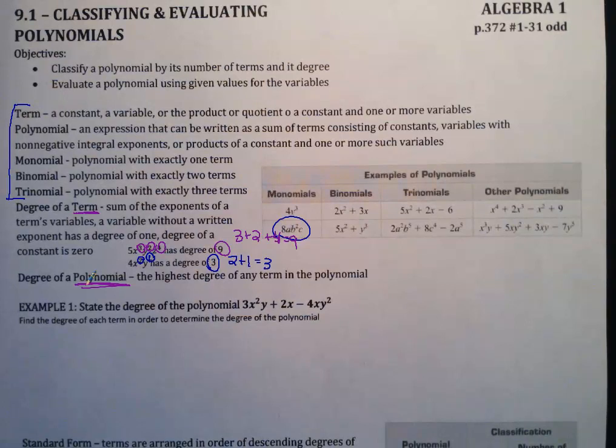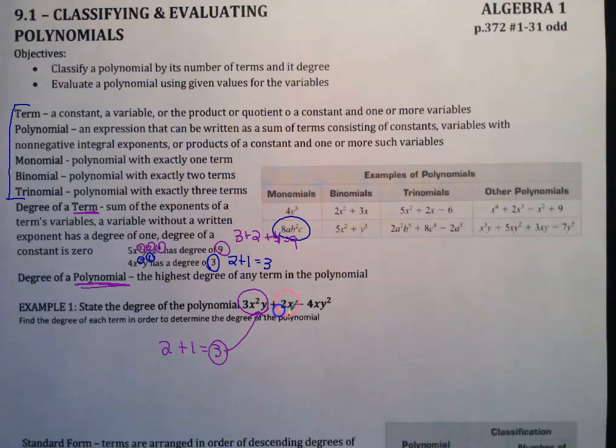So if we take the 3x squared y, what's the degree of that one? Okay, well, but to get the degree, we have to add up all the exponents. So it's not 2 plus 3, the exponents. 2 plus 1, which equals 3. Okay, so that's my degree for that one.